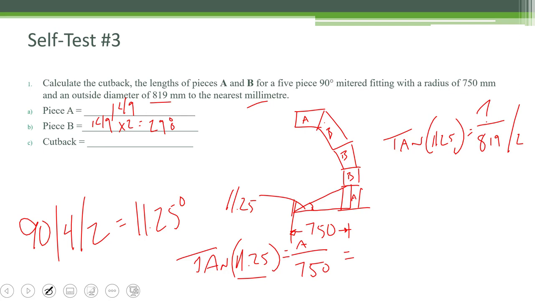Okay, so it'll be 11.25 tan times 819 equals 162.9 or something like that, divided by 2. Okay, and I should get 81.4561444. Again, it's just the nearest millimeter, so let's say 81 millimeters.